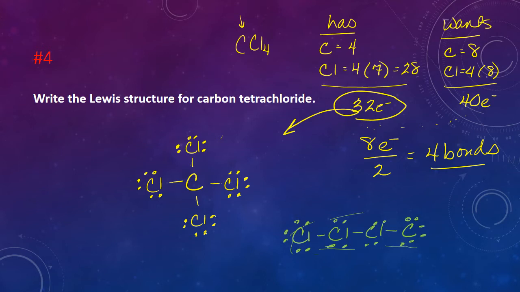Well, that's not going to work because I could not get all of the electrons on this molecule, so that one does not work. If you can't arrange them in a way that gets all of the electrons around it, you'll need to try again. Most of the time you're going to have a central atom like I have here with all of the other ones coming off of it. It's very rare to have something like the one in the green.